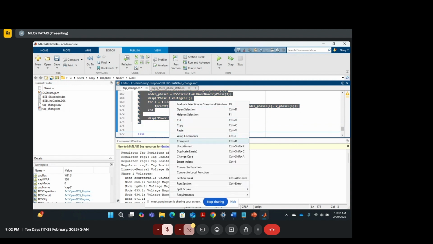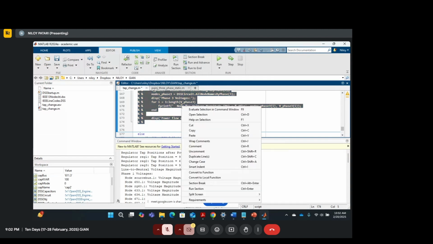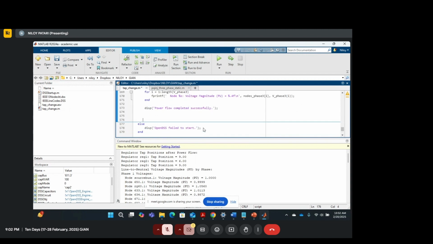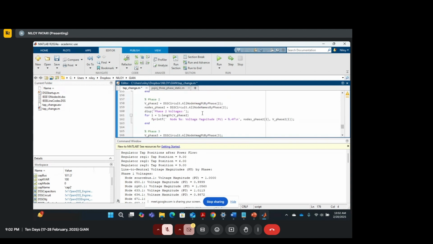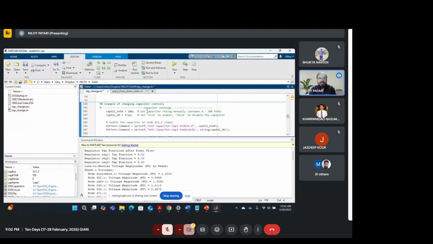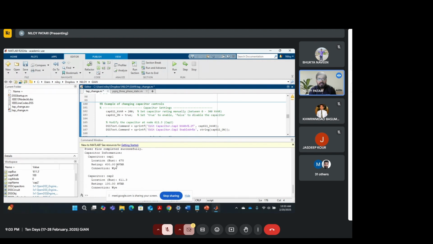Okay. So here, what I'm trying to do is, there is this capacitor, right, which is at 611. Now in 611.3, there is this capacitor which was 100 kVA, right?